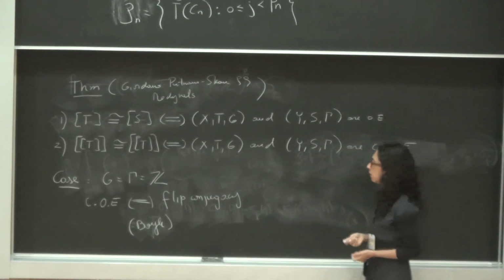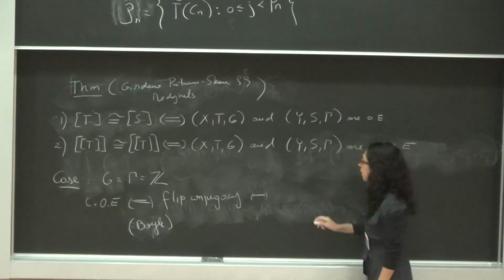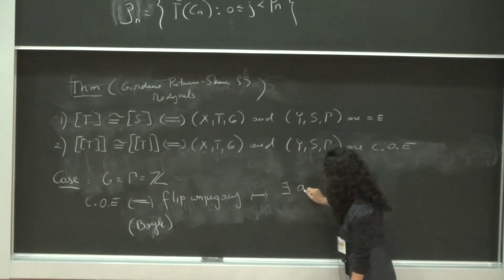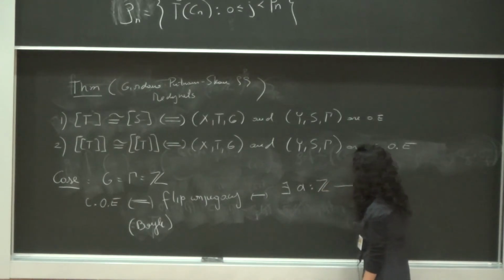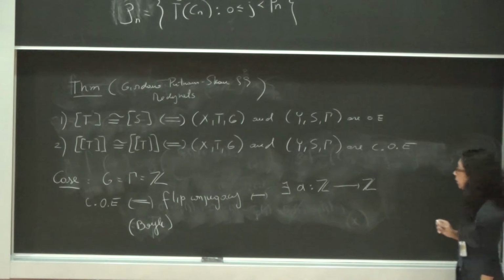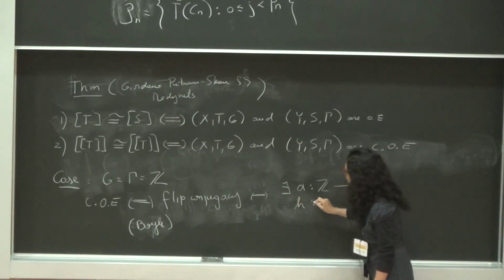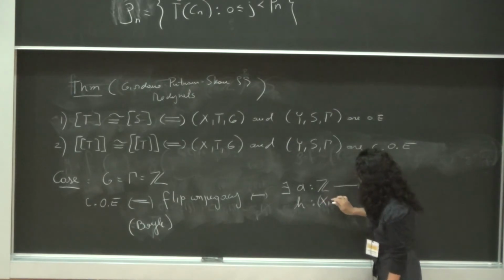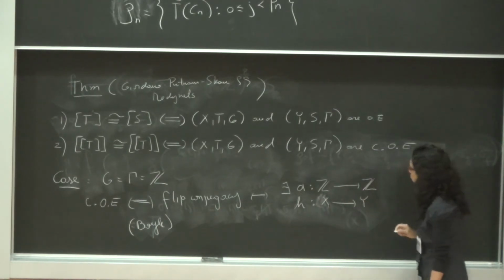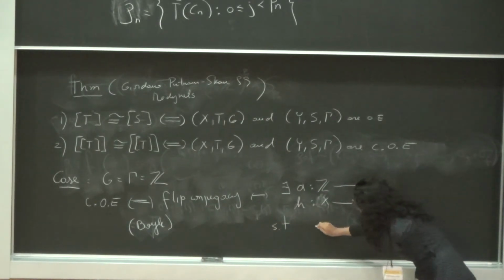Flip conjugacy is the same, in that case, to say that there exists an isomorphism between the integers and the integers, and an isomorphism, H, from X, from the first system to the second one, such that the diagram that I'm going to write here commutes.